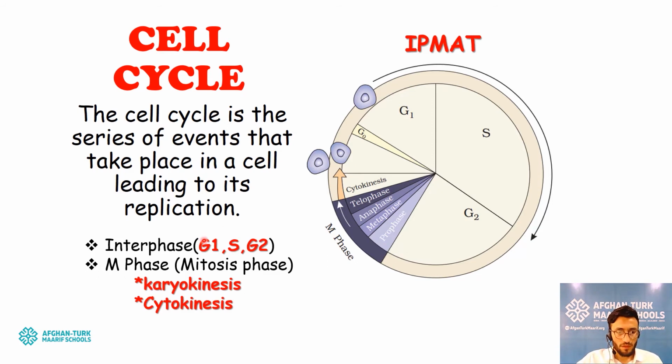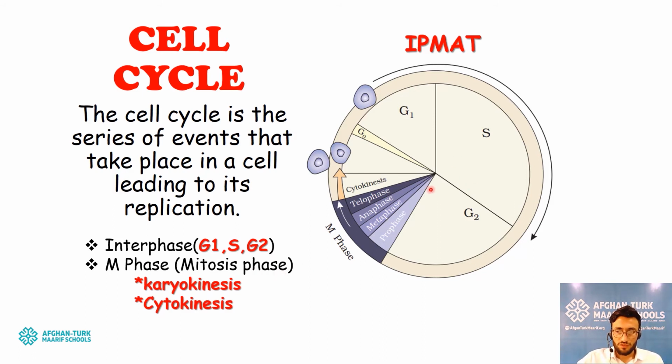For this to occur, you should be well familiar with the sequence and steps of the cell cycle. The first thing that we see here, G1, S and G2, is called interphase. The second step, which is divided into subsequences, is called M phase, or mitosis phase.